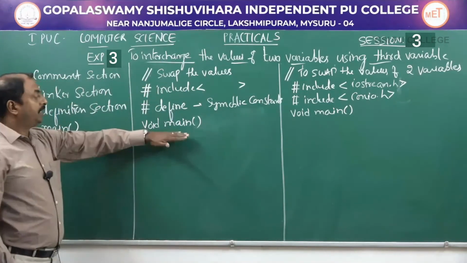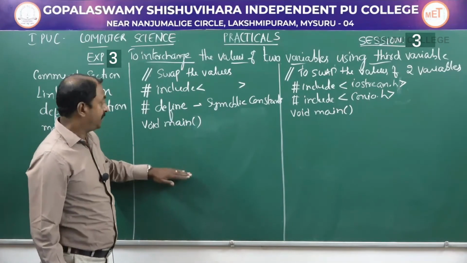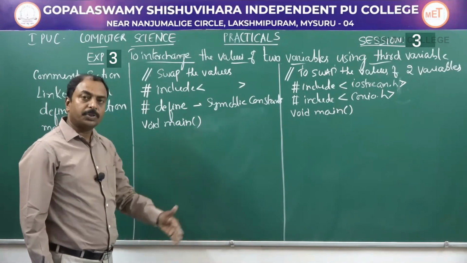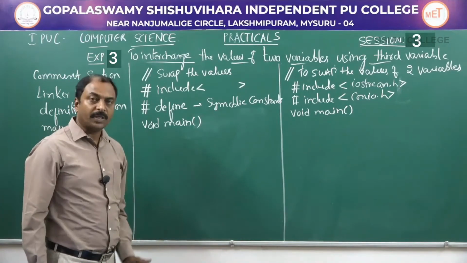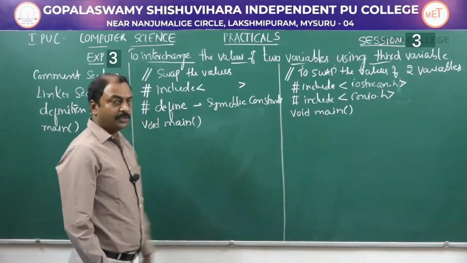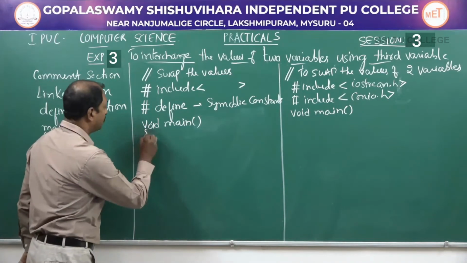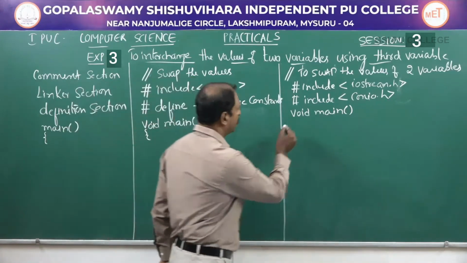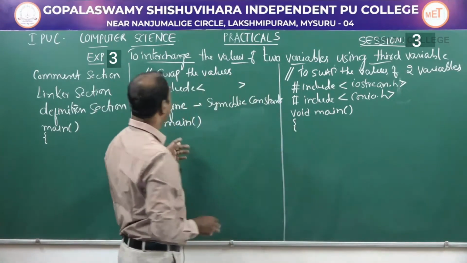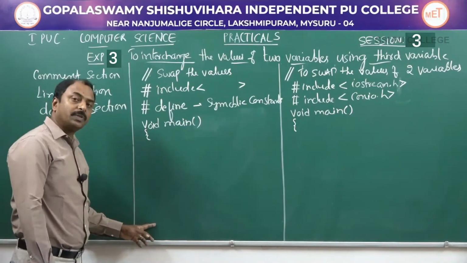Here is the place where we are writing the executable statements like input statement, output statement, and formula statements. Everything we write is inside void main. So this starts with open braces, and we have to open that and close it at the end of the program.